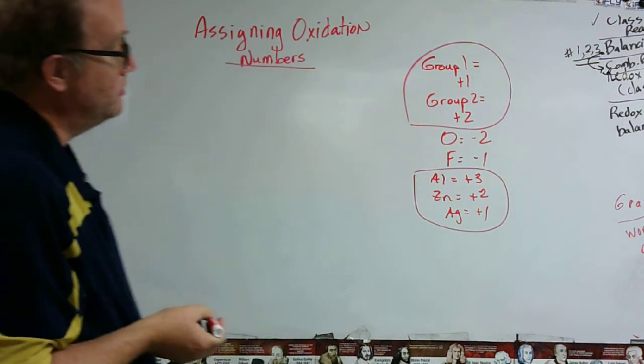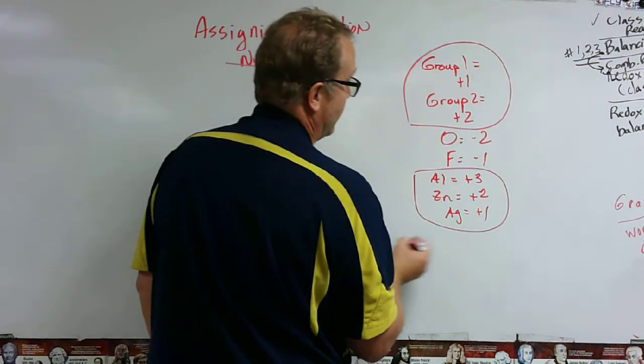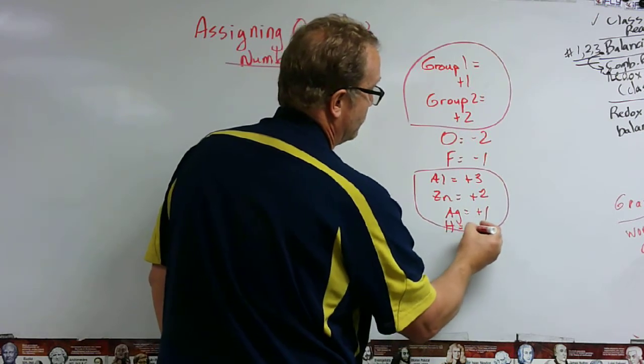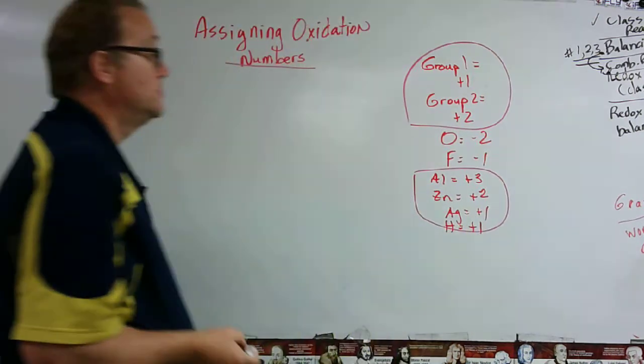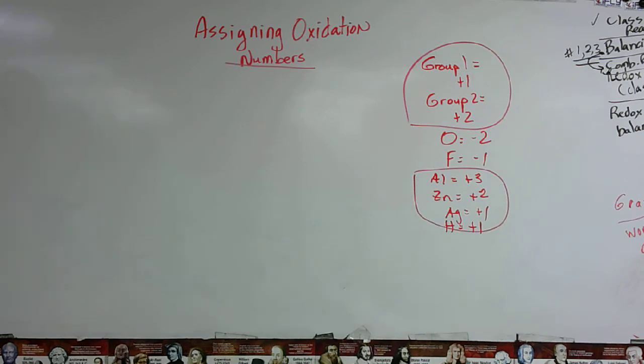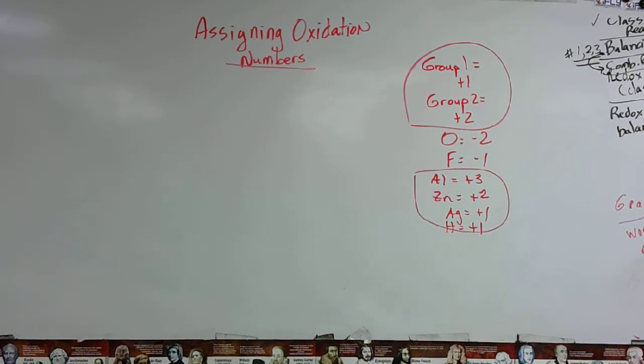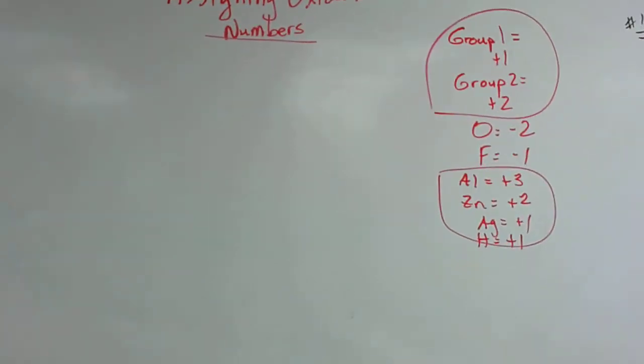Now, we also need to remember that in most cases, hydrogen is going to be equal to a positive 1. And then you have your ones that are kind of the same. Oxygen likes being a negative 2. So, it's nice that it's a negative 2 because it's a constant.